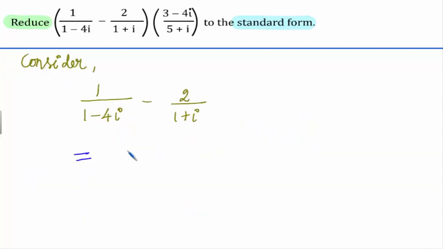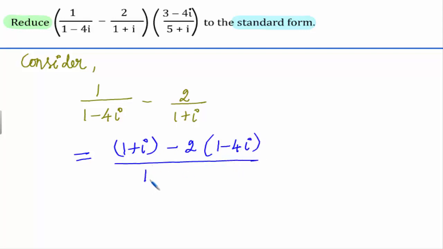This will be equal to (1 plus i) minus 2 multiplied by (1 minus 4i) divided by (1 minus 4i) multiplied by (1 plus i). We got this step by taking the LCM of the denominators.